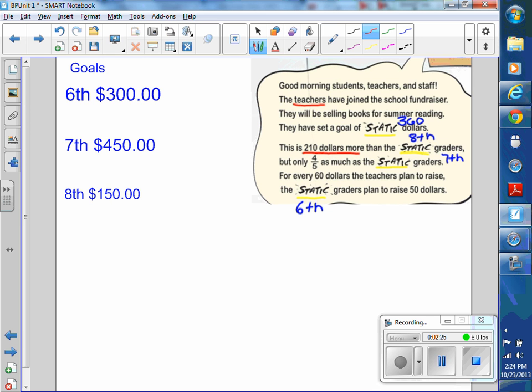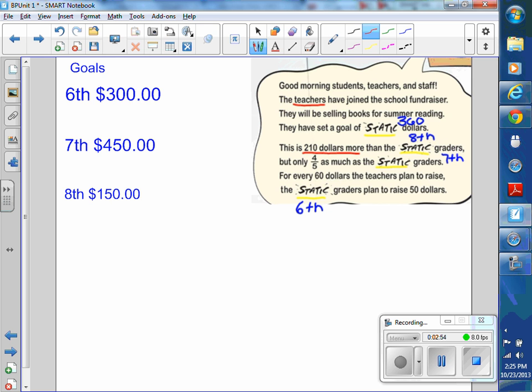If you lost yesterday's note sheet, I would start a new note sheet. I have problem 1.1. All right. Yeah, that's that sheet. So here's what I wanted to say. If I know the teacher's goal is $210 more than one of the other classes, there's only 3 possible choices for the teacher's goal.